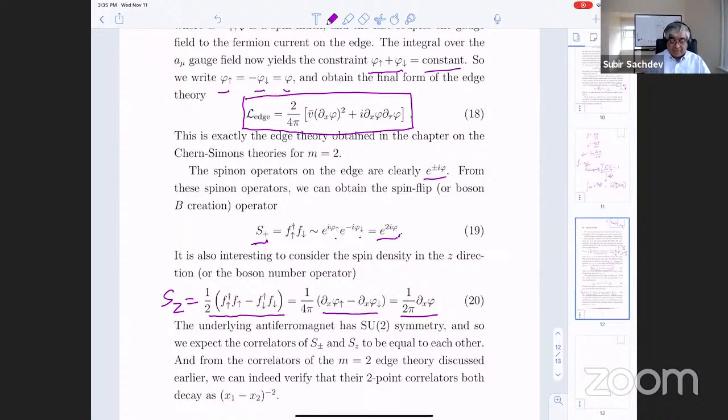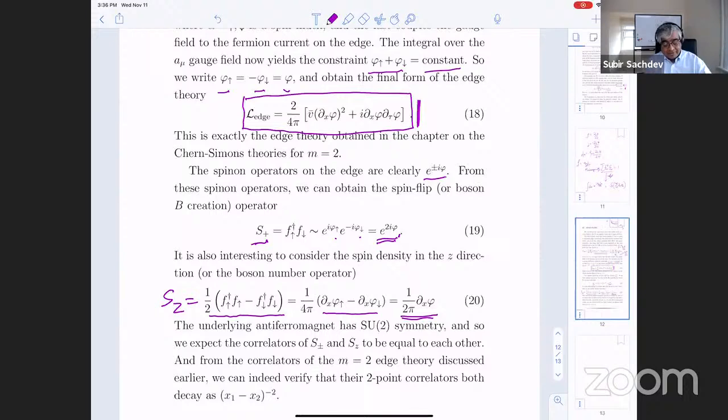Now, it turns out if you work out the 2-point correlation functions of this, I guess this should have been another homework problem, but I've given you too many. They both give you exactly the same answer. So this chiral boson theory, which looks like a U1, has a U1 global symmetry. So this is the U1 Kac-Moody algebra at level 2. Secretly, it has an SU2 symmetry. And that SU2 symmetry is associated with these operators, e to the 2i phi and 1/2 pi grad x phi having the same correlation function.